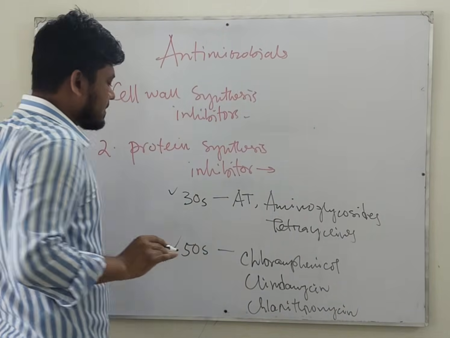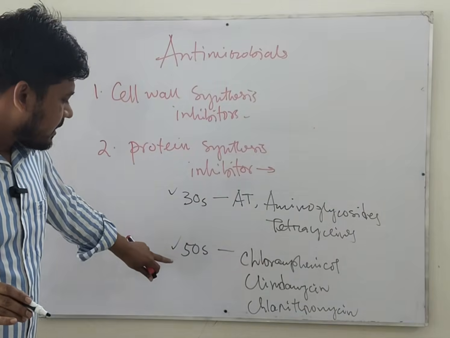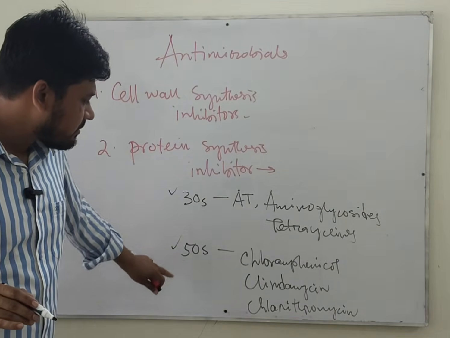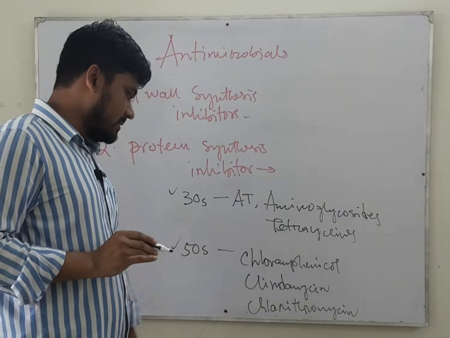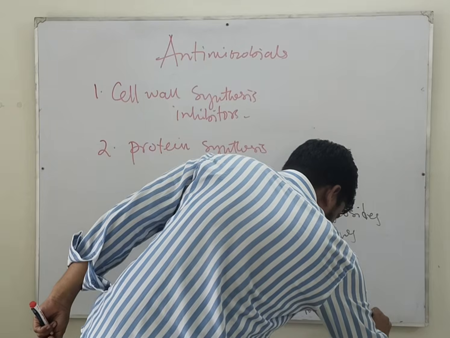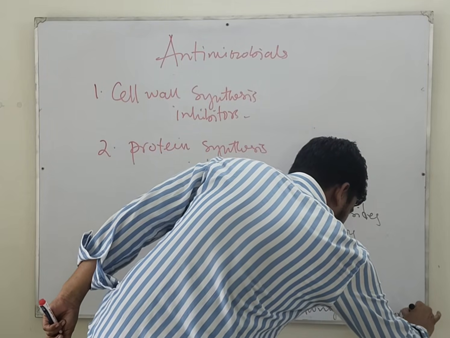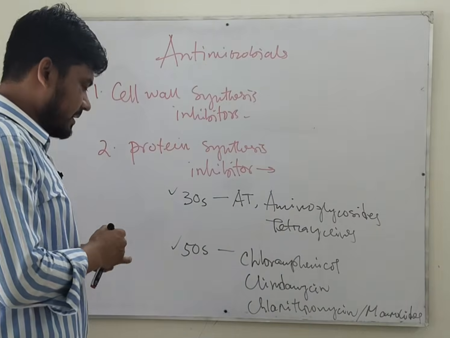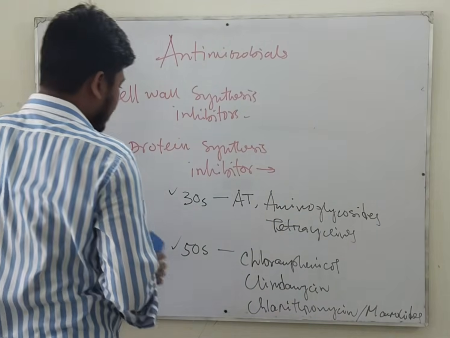Some act on the 30S subunit: aminoglycosides and tetracycline. Some act on the 50S ribosomal subunit: chloramphenicol, clindamycin, clarithromycin, and also other macrolides like azithromycin, erythromycin.